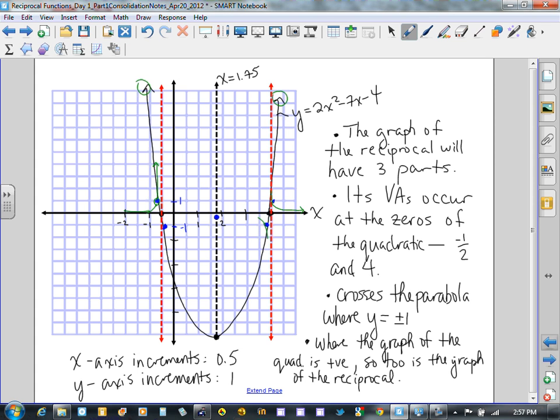Along the asymptote, those values are going to be decreasing. So I'm going to draw it more simply by moving upwards. So in that general direction, never touching the VA, we'll see the y values decreasing as x gets larger.